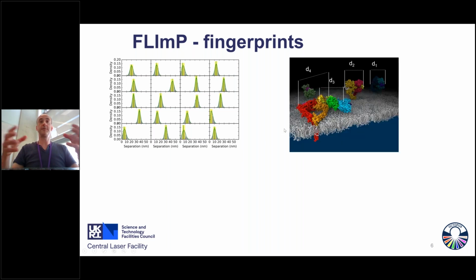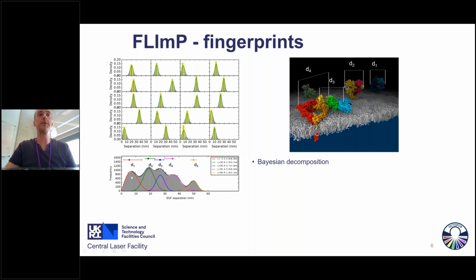We fixed our samples before we imaged them, and on the assumption that we think is reasonable that there's a fixed number of discrete structures that our molecules are forming in the membrane once we fix them, each of these measurements is essentially a randomly chosen separation between any of the possible labeled locations within our structures. So if we measure many such separations and pool them, what we'd expect is to see components, peaks, essentially a fingerprint with peaks corresponding to the signature separations between our molecules, between the labeled locations.